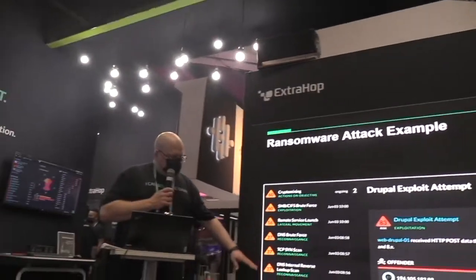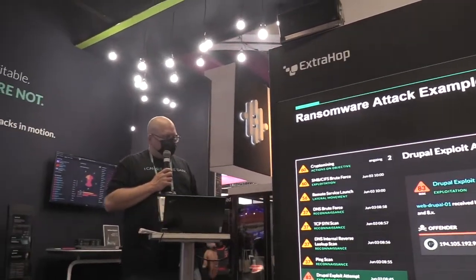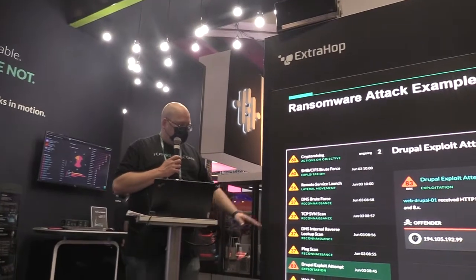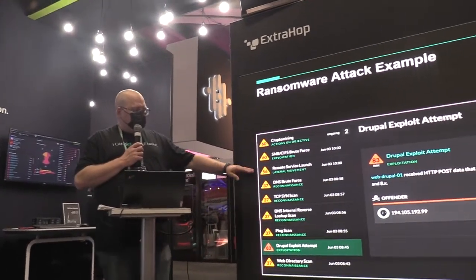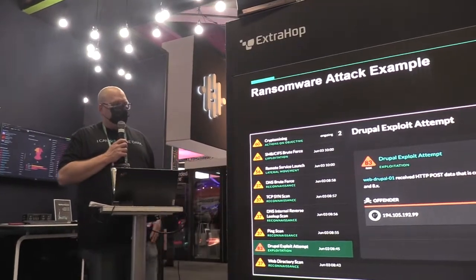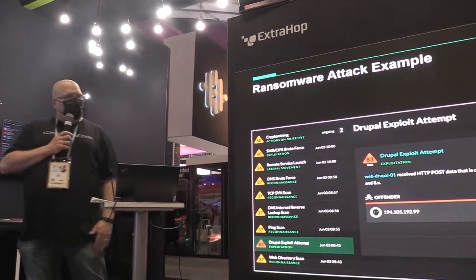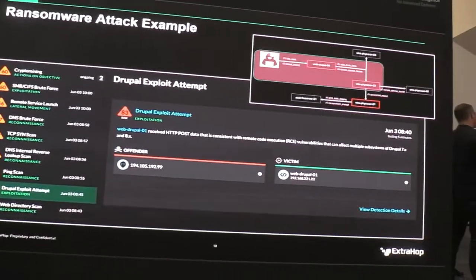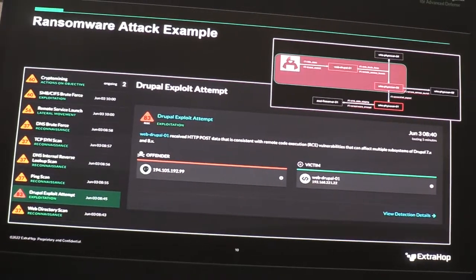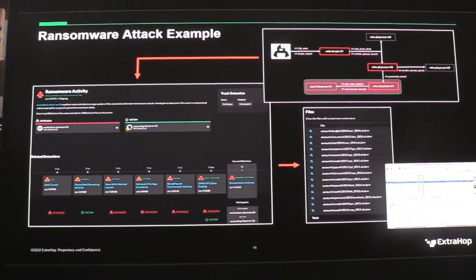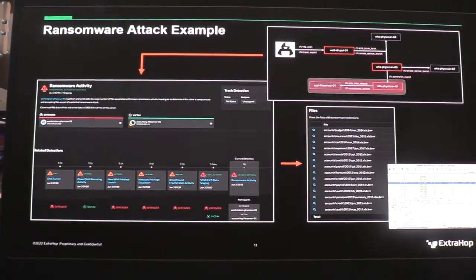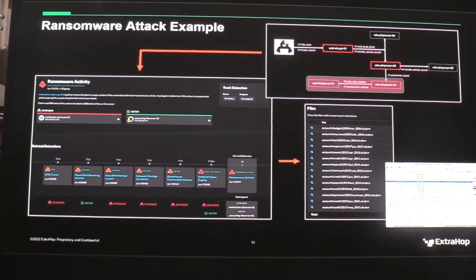And then lots of stuff started kicking off internally. We're talking lots of lateral reconnaissance, TCP SYN scans, ping scans, and the like, before they started to do some downstream lateral movement and exploitation. Once that attacker compromised Web Drupal 01, it moved down to Workstation Position 03. It finally used another technique to move down to Workstation Position 01, where it then kicked off the final end game.